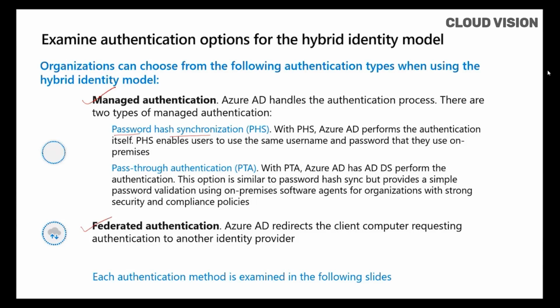In that case, they can go with the pass-through authentication solution. With pass-through authentication, Azure AD has ADDS perform the authentication for it. The option is similar to password hashing, but provides a simple password validation using on-premise software agents. We call these agents pass-through agents.